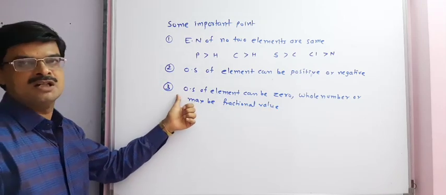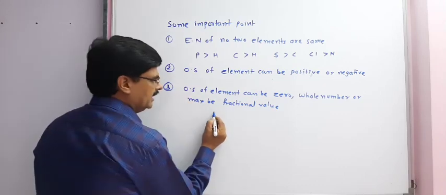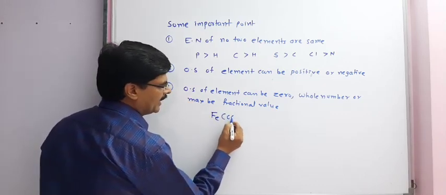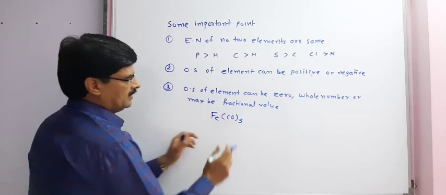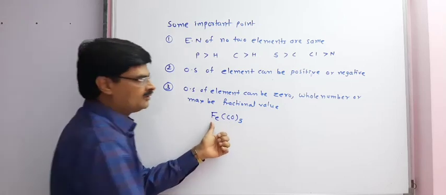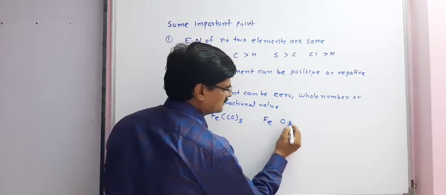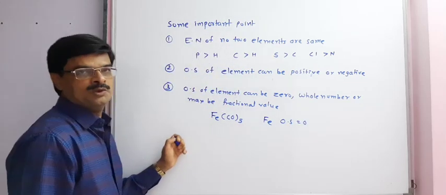This point can be understood by taking examples. In Fe(CO)5, the metal Fe has oxidation state equal to 0.